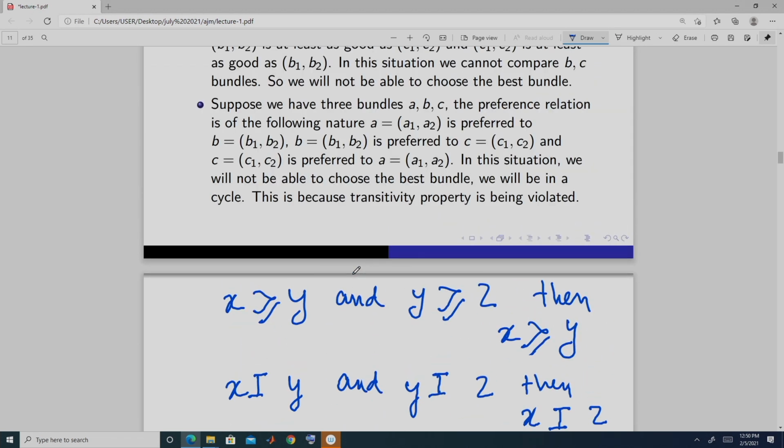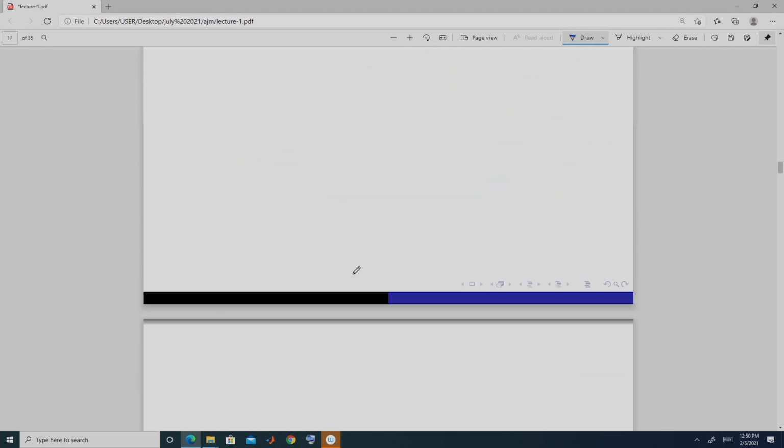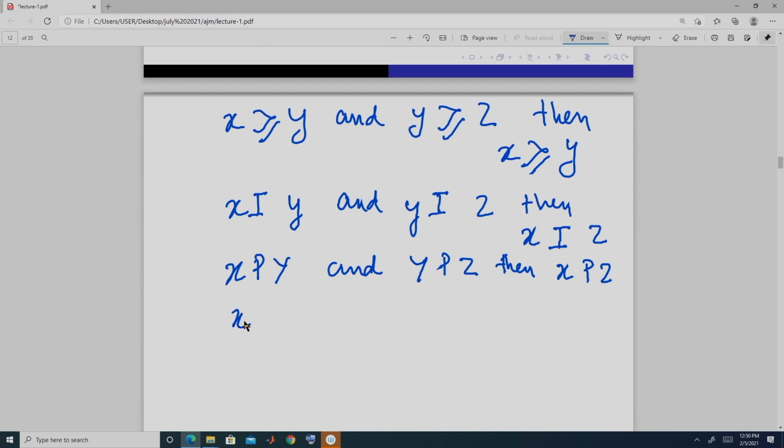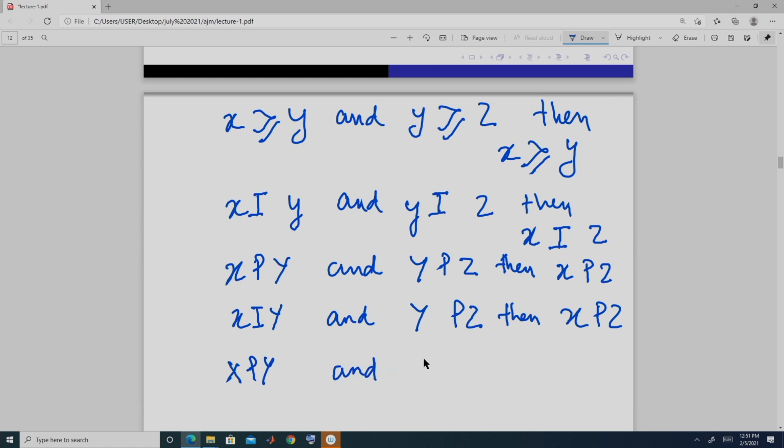Or suppose I am indifferent between x and y but I prefer y over z, then x will be preferred to z. Or if x is preferred to y and I am indifferent between y and z, then x is going to be preferred to z. We can also reverse this here, it is possible.